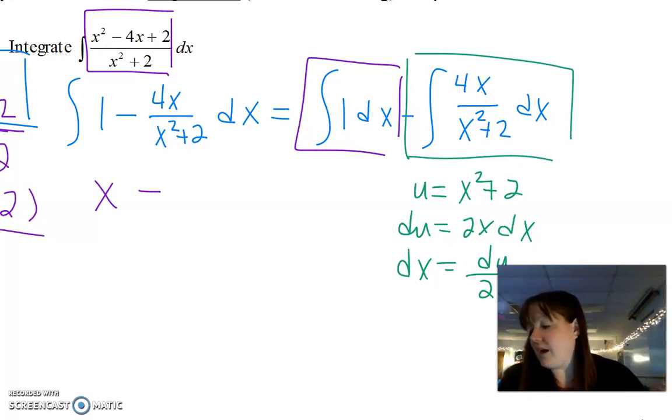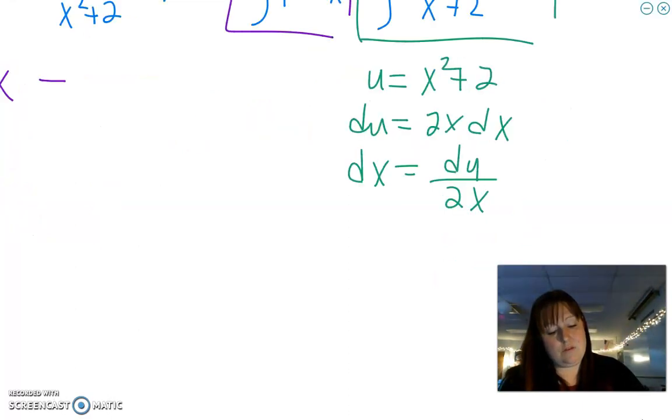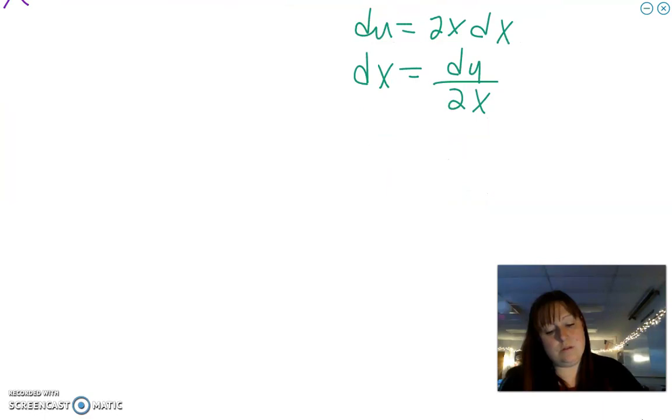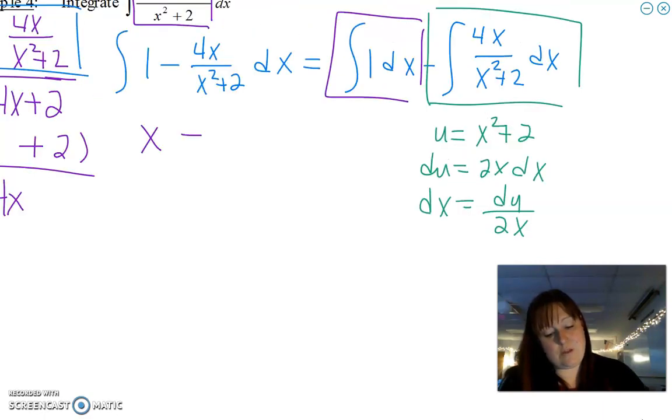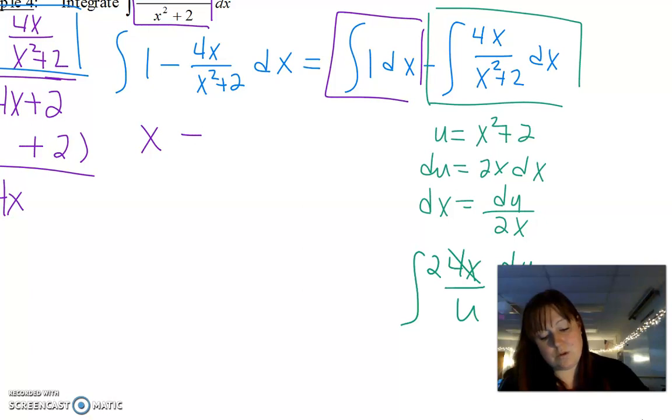Okay, so we're there. And then we can just go ahead and do our substitution. Everywhere that we had the x squared plus 2, we're just going to put a u. So we're going to have 4x over u du over 2x. And we notice that those cancel out and we're left with 2 on top. So our new integral is 2 times the integral of 1 over u du.